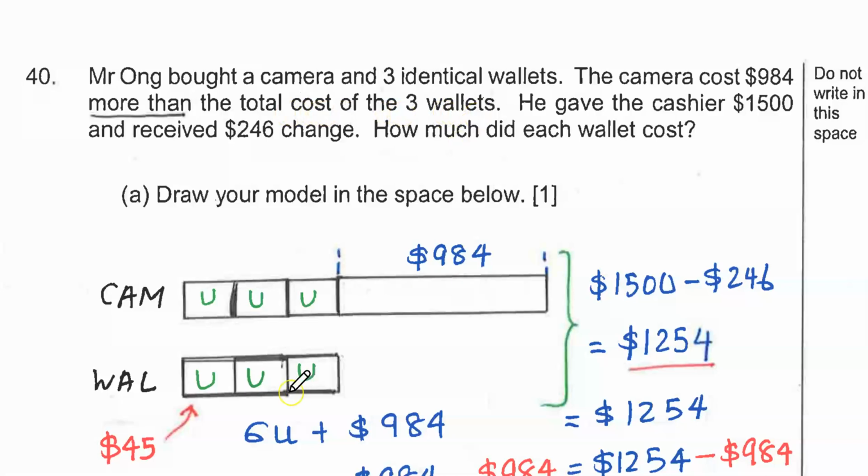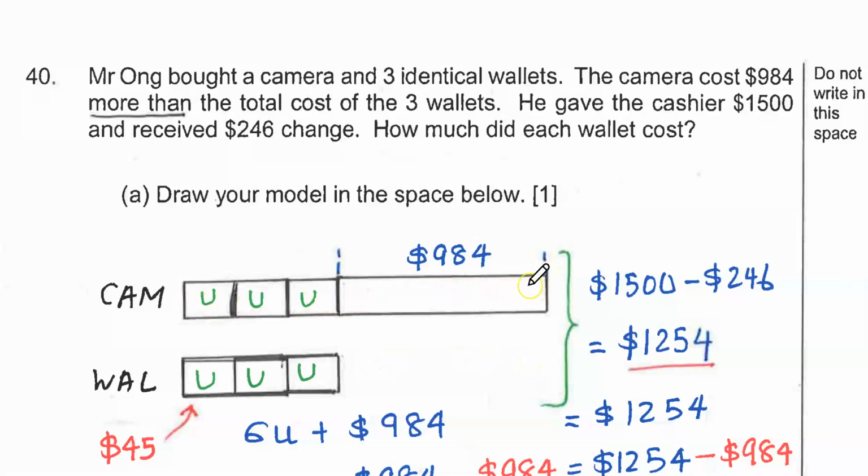That is why we put the total cost of 3 wallets here. Even though you add these 3 together, the camera is $984 more. So the cost of camera, you can see easily, is 3U plus 984.